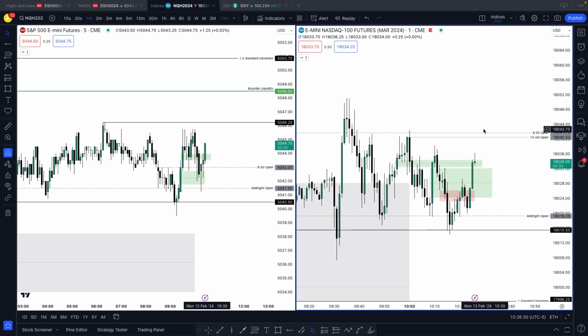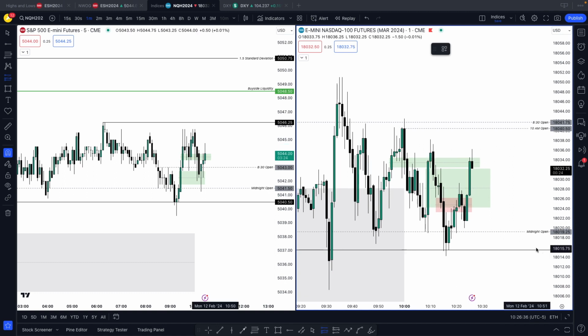So now I'd want to see price work back above the 10 a.m. open, and form a new inefficiency here. I don't want to see it close this in.